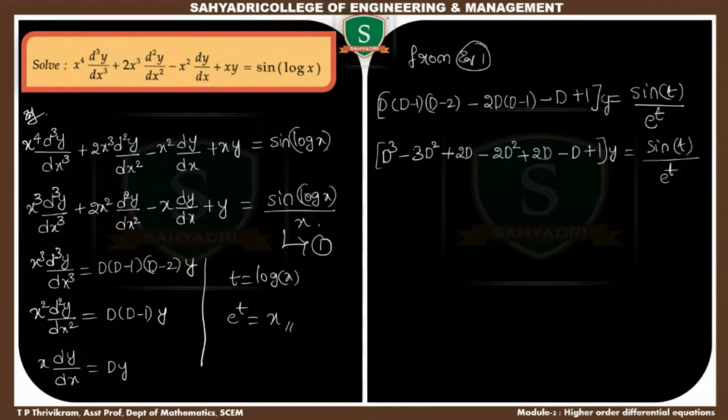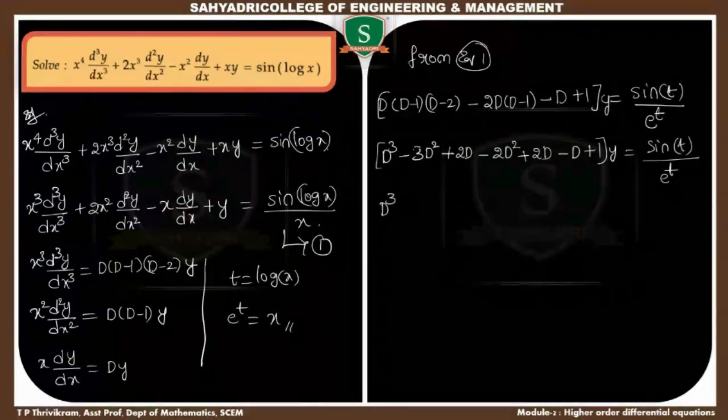So I'll get d cube, 3d square minus 2d square, plus 2d into d minus 1. Correct?